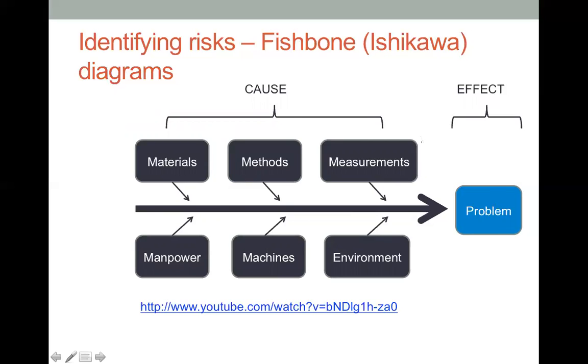Let's trace back to causes, the possible root causes in this instance. Look at it from the measurement perspective, method perspective, environment perspective, material, and so forth. Look at the machine, look at manpower. From the manpower perspective, we may not be able to achieve that because our key staff may resign, as discussed before.